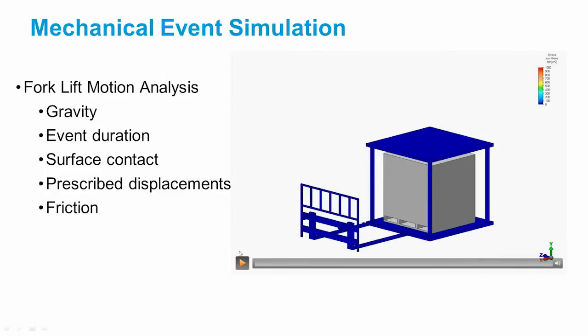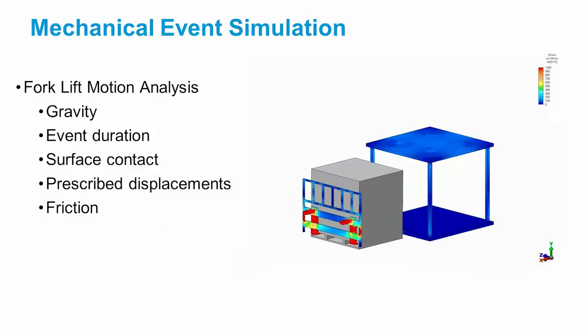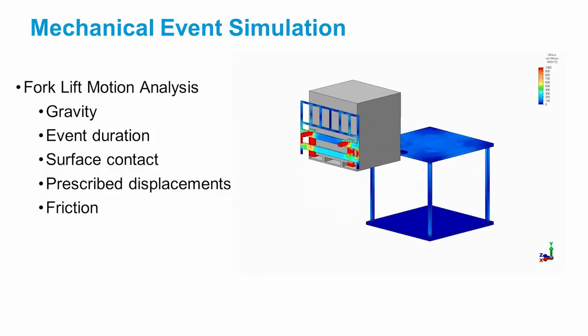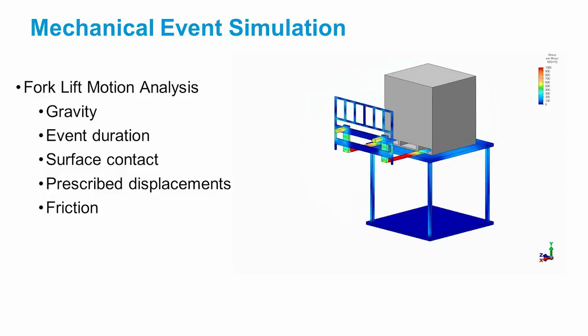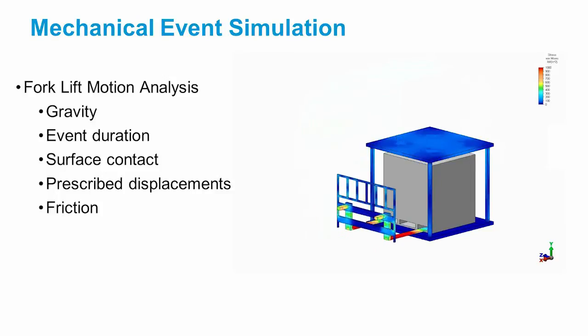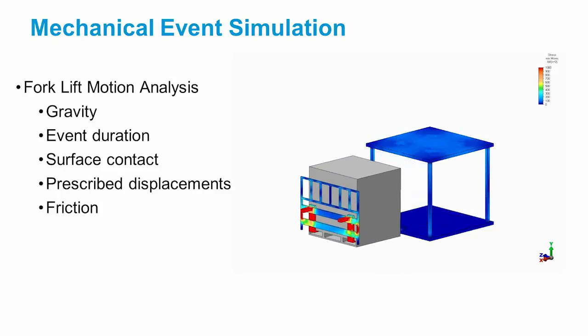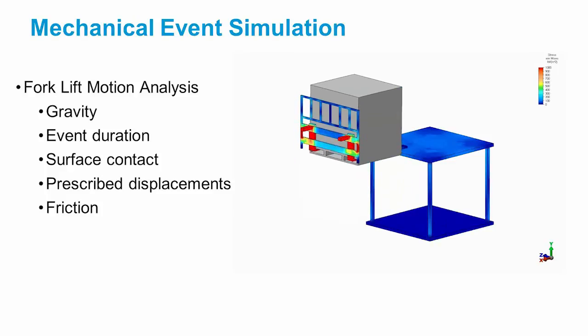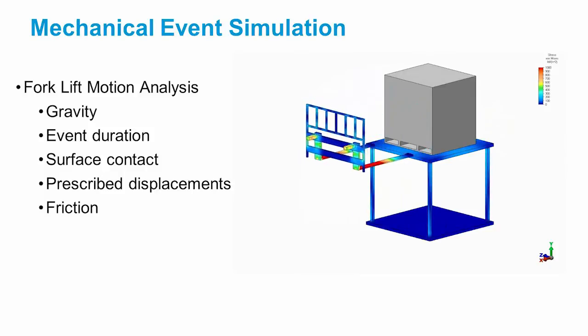It can perform motion analysis, so it can take into account direction and time. You can define which surfaces are in contact with one another. There's friction involved. As things are moving, you can see stresses and deflections. You can prescribe the actual movement in an event setup. Very easy to do.